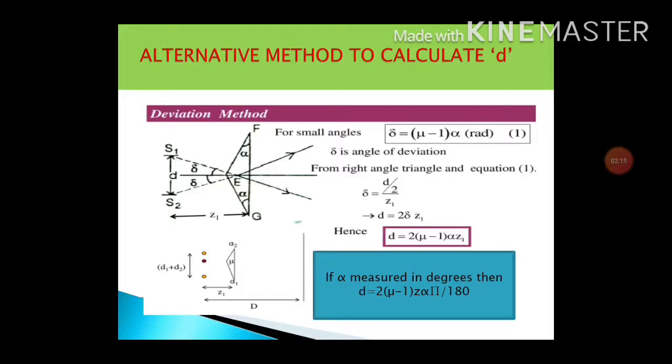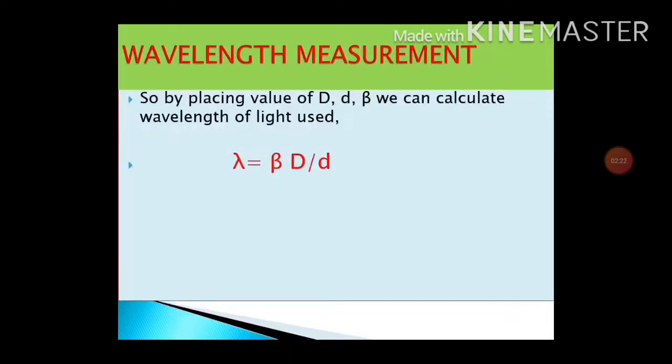So by this method we can easily find out the value of small d, and then by knowing the values of small d, capital D, and beta, we can substitute all these values in this formula shown to you, and you can determine the wavelength of the monochromatic source of light used. I have already told you that this is a very accurate method to find out the value of wavelength.